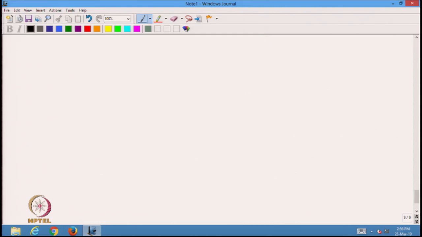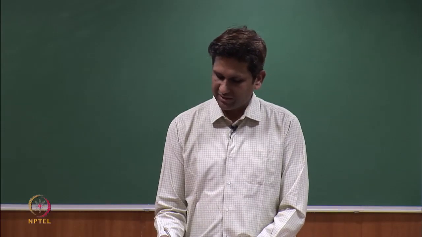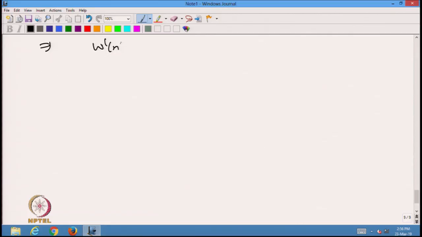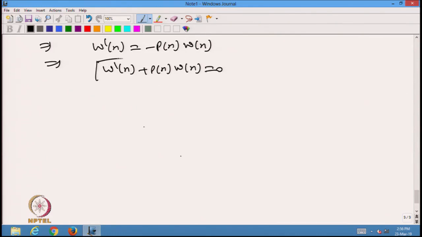So now from here I can say that my Wronskian satisfies this differential equation, and what is this? It is the first order differential equation, which we have already solved, that is a linear one.